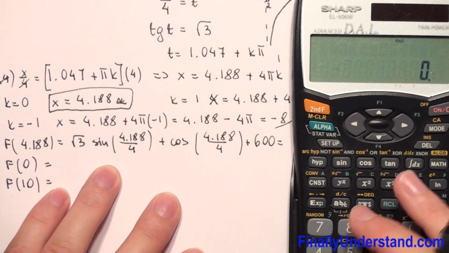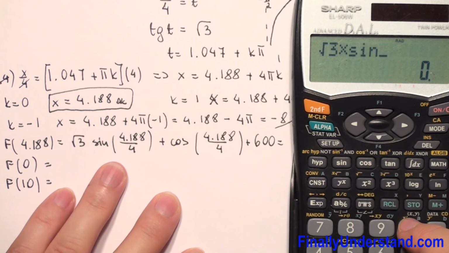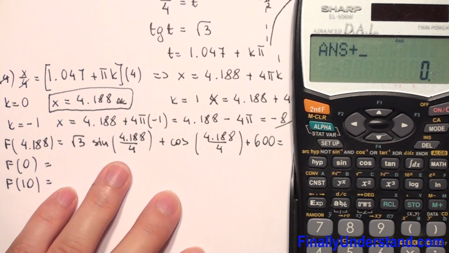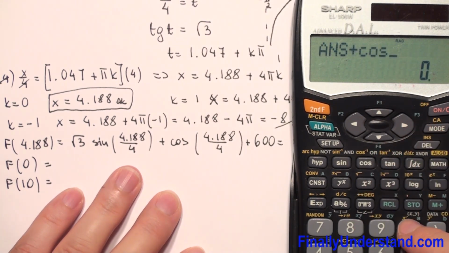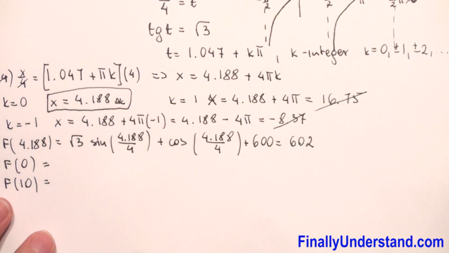So we have square root of 3 times sine, in parentheses, 4.188 divided by 4, close parentheses, plus cosine, in parentheses, 4.188 divided by 4, close parentheses, plus 600. This is equal 602. Next, we have to do the same for 0.